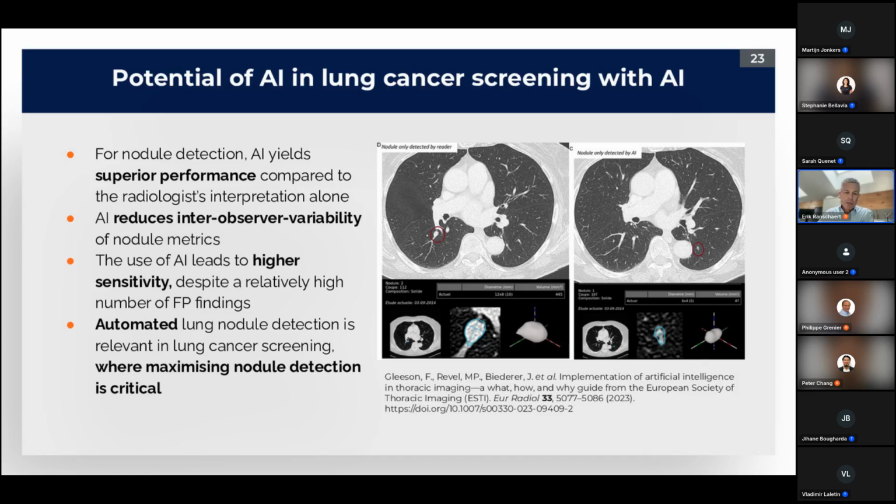What has also been found is that AI reduces the inter-observer variability of the nodule metrics. And of course, the use of AI leads to higher sensitivity despite a relatively high number of false positive findings. Automated lung nodule detection using AI is relevant in lung cancer screening because we have to maximize nodule detection. Next slide.